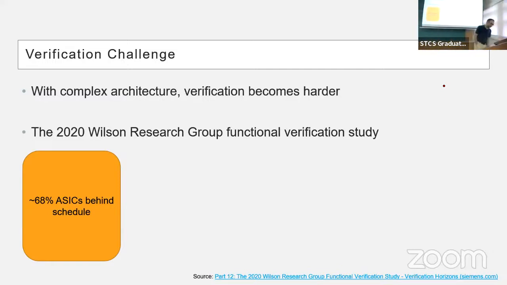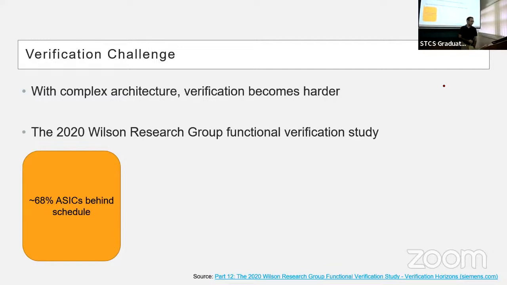So the Wilson Research Group did a study in 2020, and they came up with the following data: in the year 2020, 68% of ASICs were behind schedule. What is an ASIC?